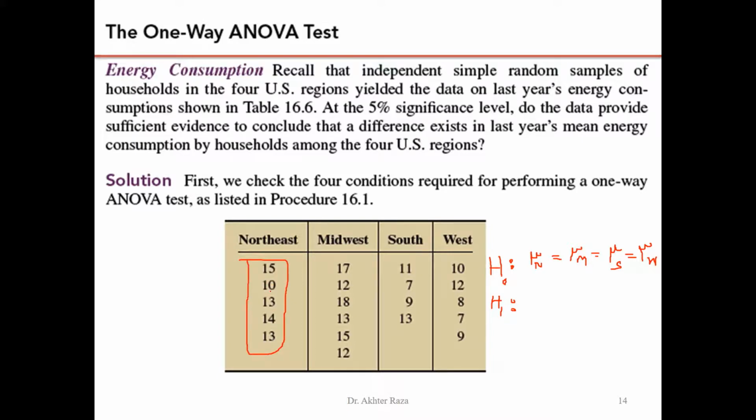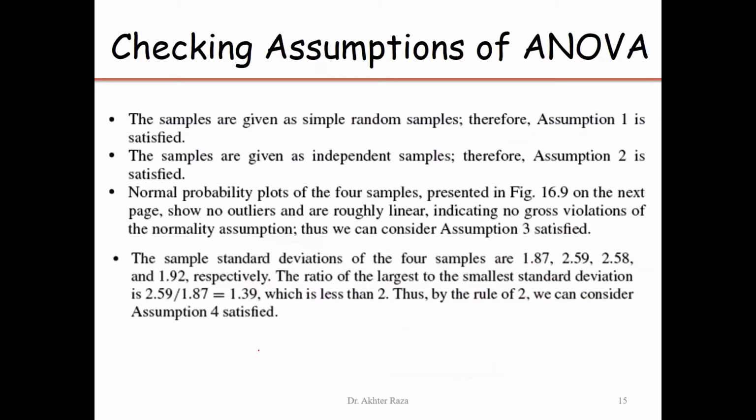Why are these variations there within the northeast region? This is called variation within the region. The variation within the region and the variation between the regions are the 2 sources. We have to bifurcate the total variance in the data into its 2 components. One component is called variation due to the known source. The other is the variation due to the unknown source.